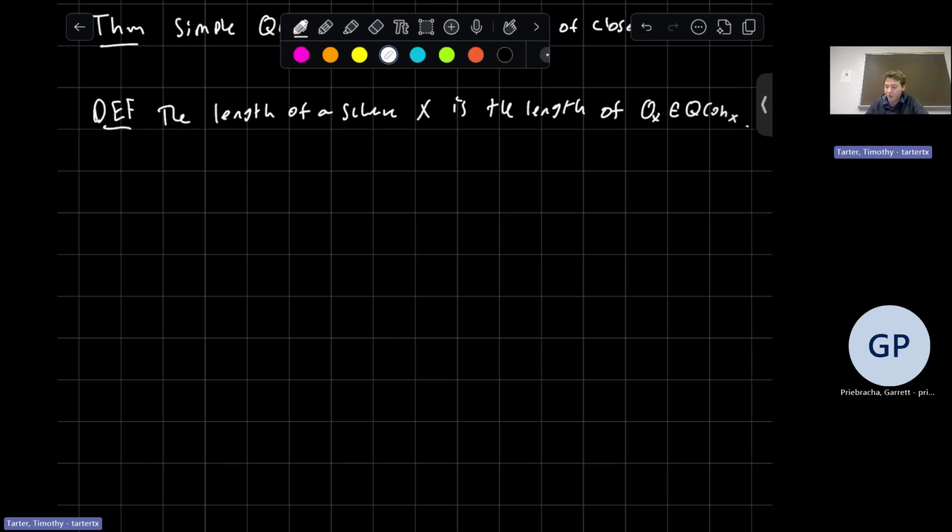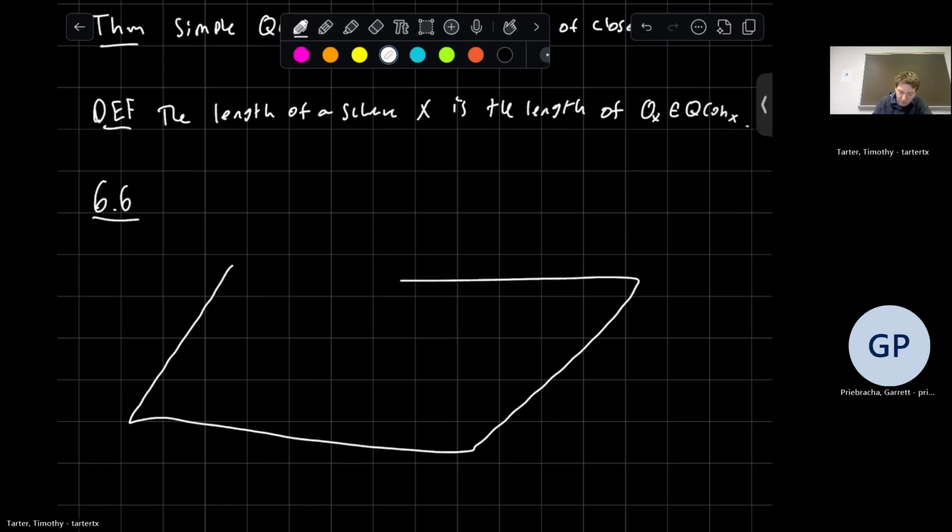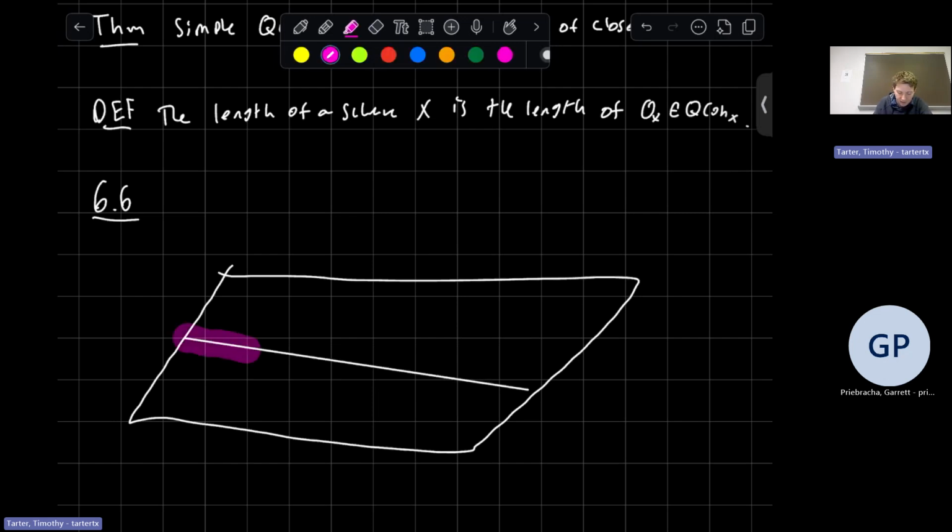So motivation. So if we have 6.6, if we have a line, and maybe I'll highlight this line. It's highlighted in the book.